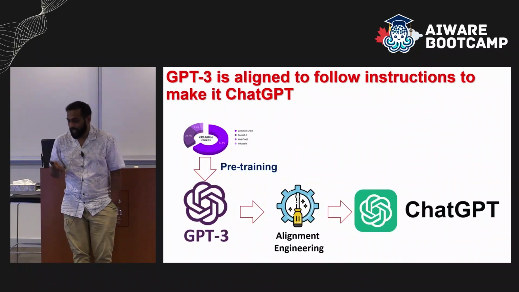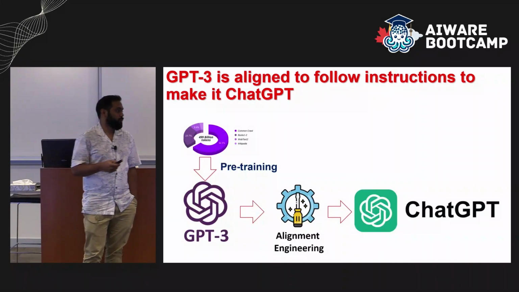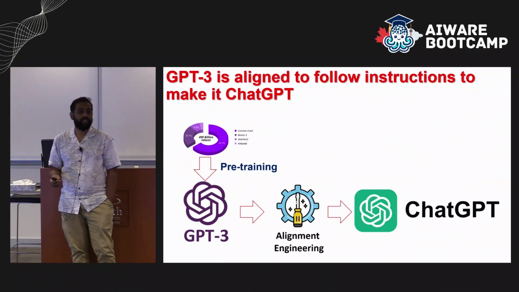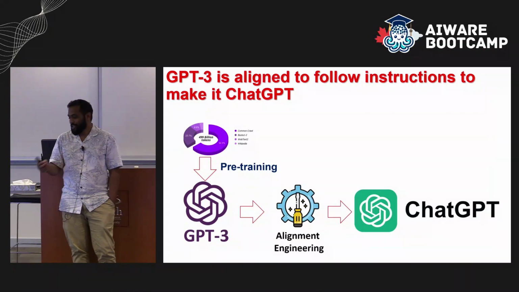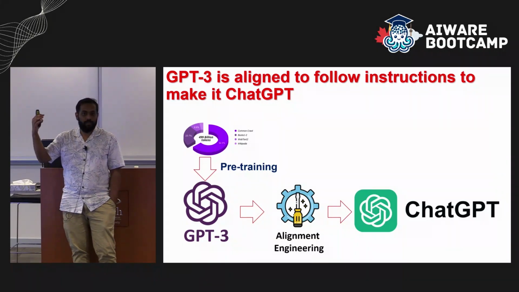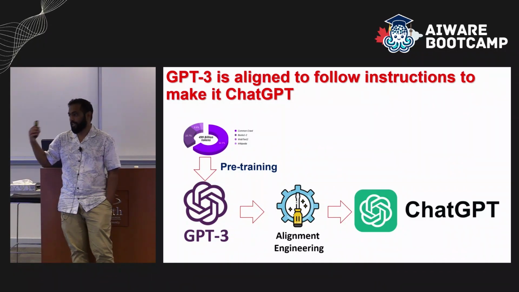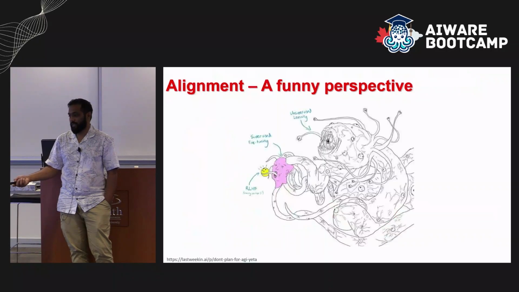ChatGPT's base foundation model was GPT-3, GPT-3.5. GPT-3.5 was pre-trained on a large corpus of data, and then we do alignment engineering, where we do some supervised fine tuning and some preference tuning, and we end up with ChatGPT.